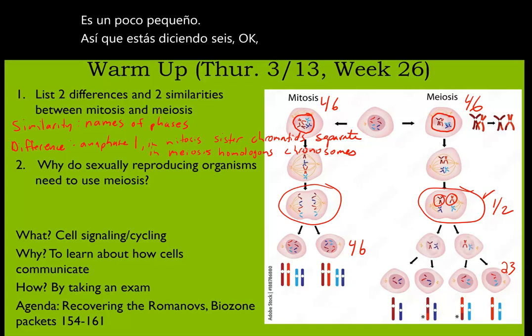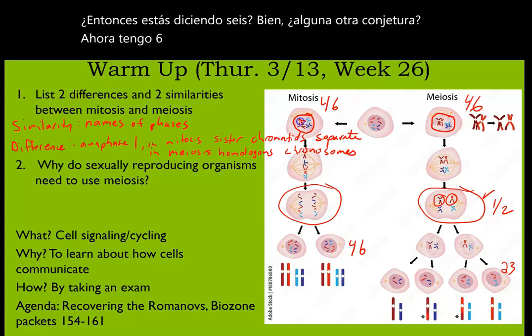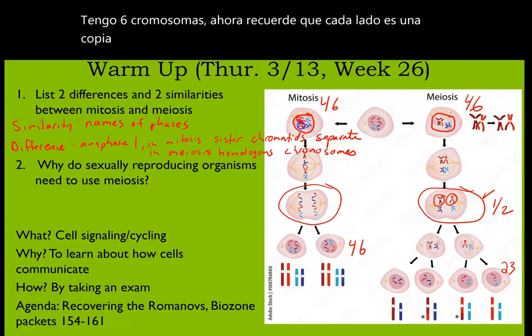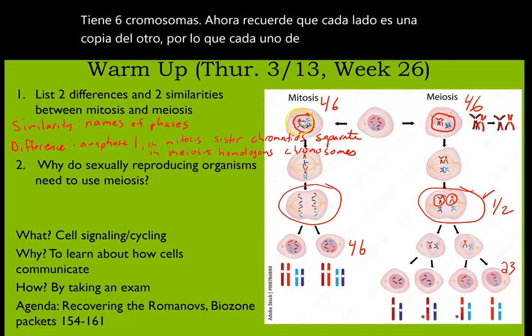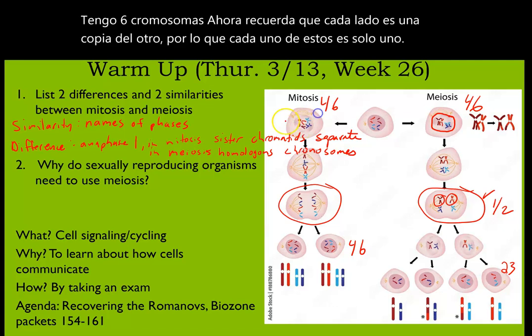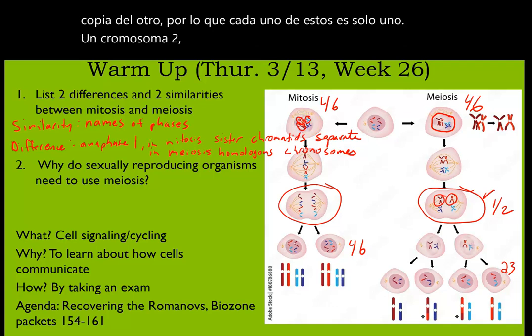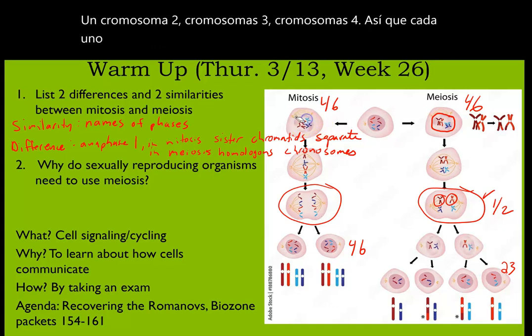Now remember, each side is a copy of the other, so each one of these is only 1 chromosome, 2 chromosomes, 3 chromosomes, 4. So each one of these starts out with 4 chromosomes.